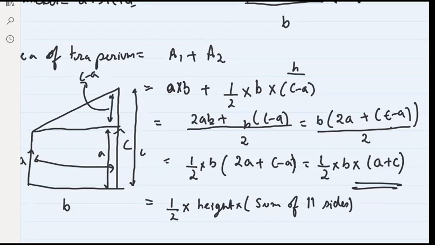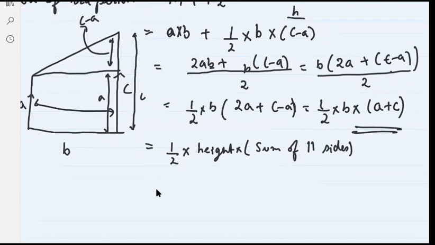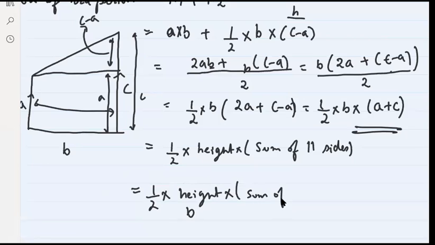So I'm just deriving it. Formula is half into distance between parallel sides, which is basically called height, into sum of parallel sides. Height is here, it is given as B, into sum of parallel sides, which is A plus C. Okay?